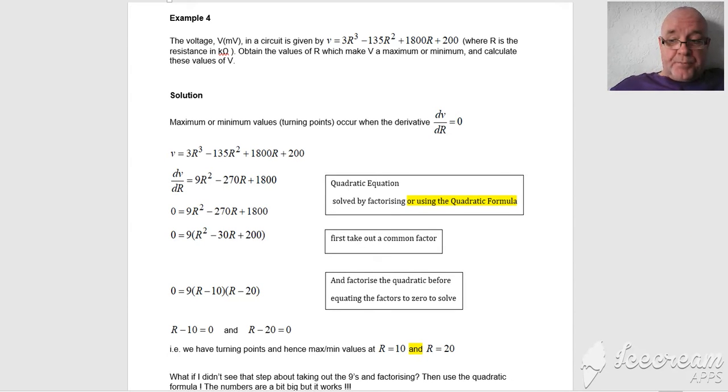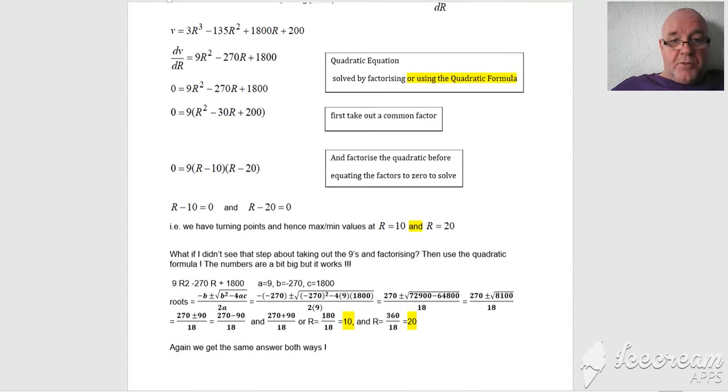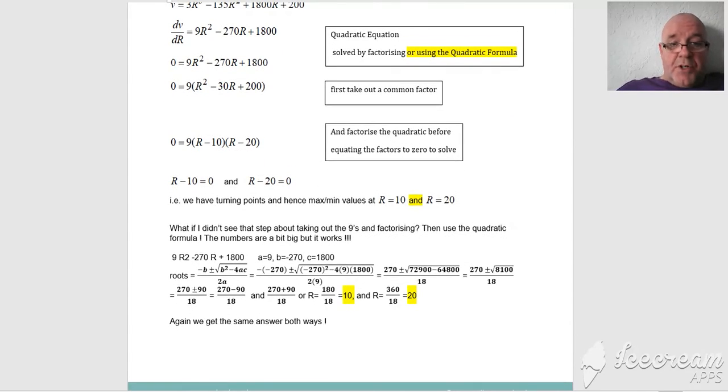One of the two. But what if you didn't see that? What if you struggled to do that? Then you can take your 9R squared minus 270R plus 1800 and solve it using the quadratic formula. The roots would be negative b plus or minus the square root of b squared minus 4ac, all over 2a.